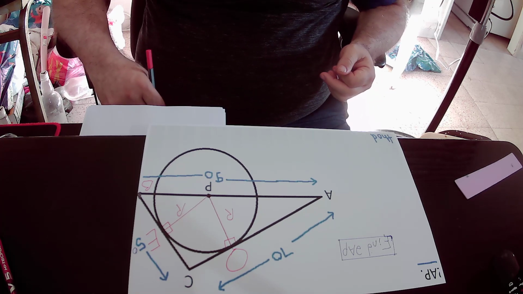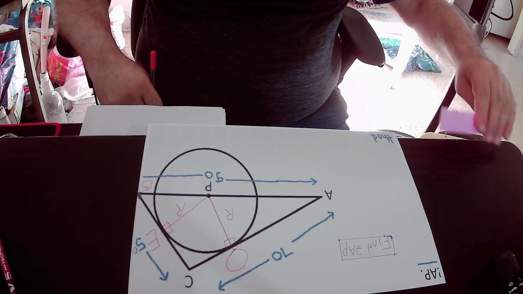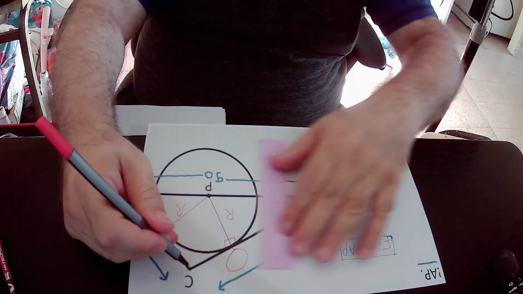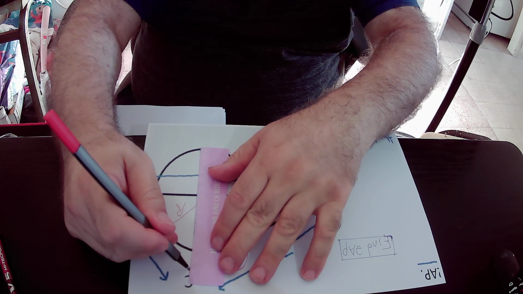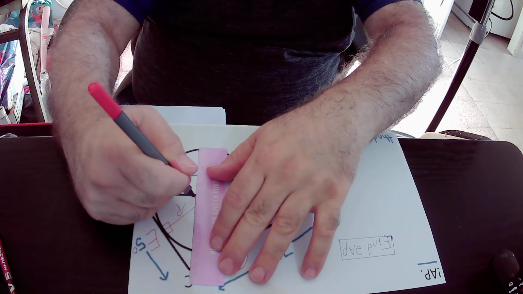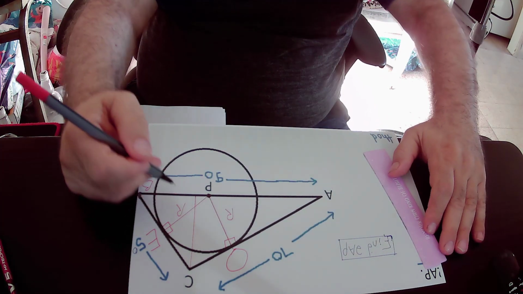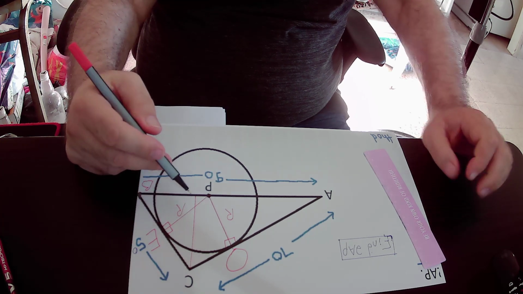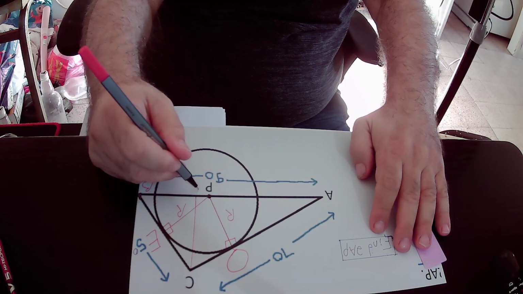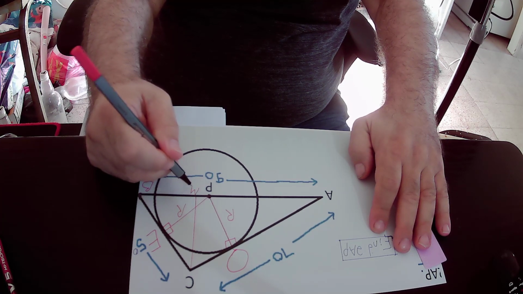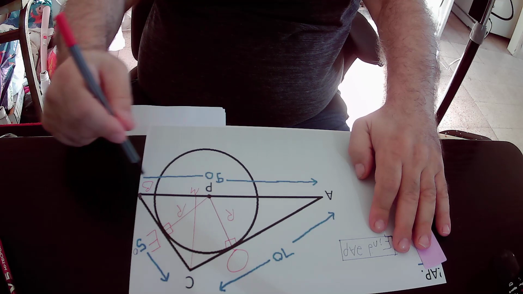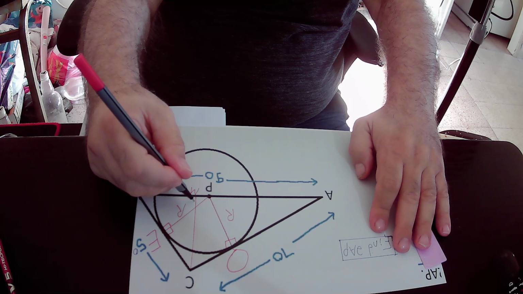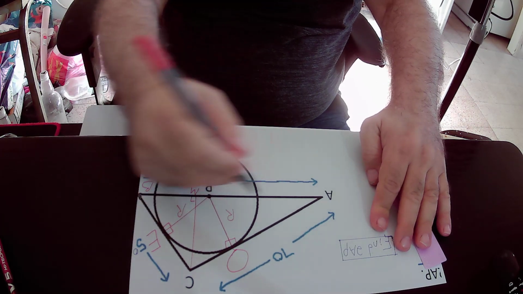Okay, so in the next step we will draw a perpendicular from point C to side AB of the triangle. Let's call the touching point between the perpendicular and side AB of the triangle capital M. So CM is perpendicular to side AB of the triangle, that is to say, angle CMB equals 90 degrees, and also angle CMA equals 90 degrees.